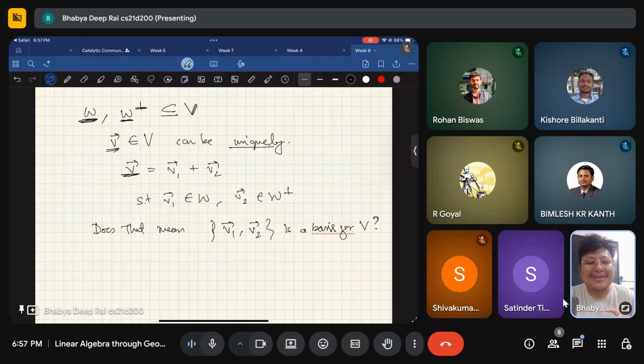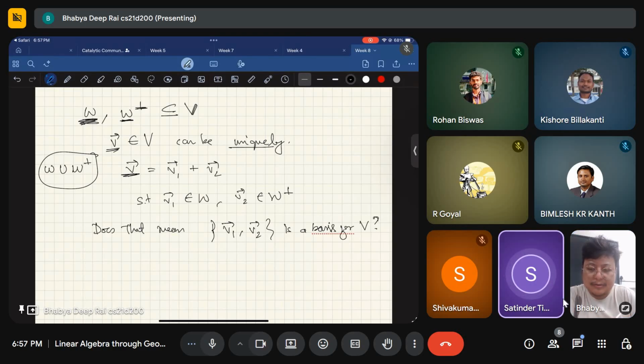So you mean W union W perp? You mean this forms a basis? Yeah, W and W perpendicular, from there we are taking the vectors. Because one of the vectors belongs to W and the other is in W perpendicular, both will form the basis for V.